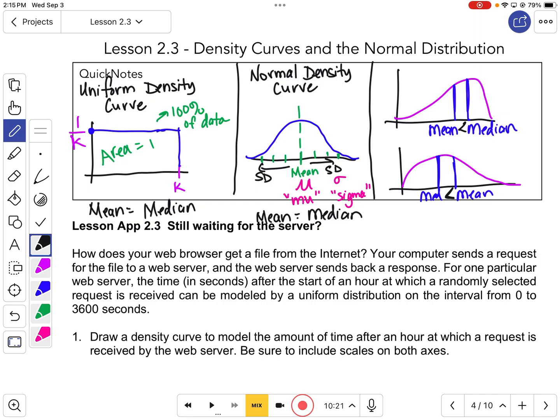So I'm going to show you how that works. All right, so let's take a look.